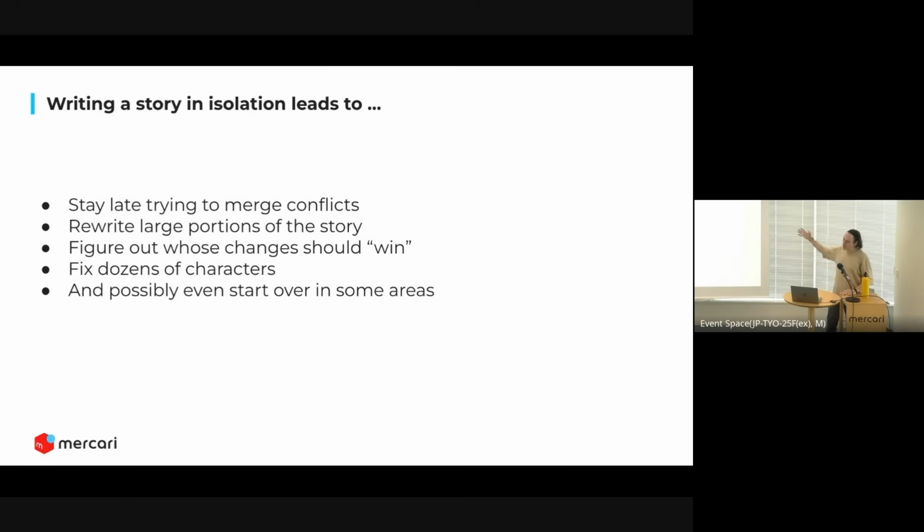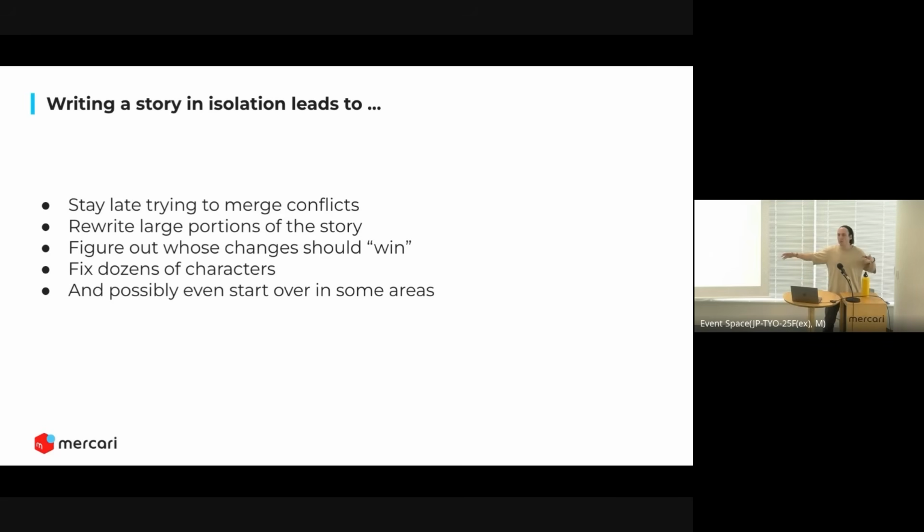Then we have to rewrite large portions of the story, because you look at them together and they are from different books, so you cannot just put them together. You also have to decide whose changes should win, because John cannot be a chef, firefighter, and policeman at the same time. All these jobs are very difficult. And this can be really hard, because imagine you decided that John is a firefighter.